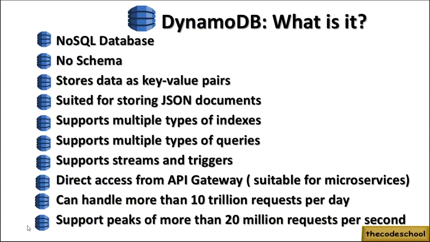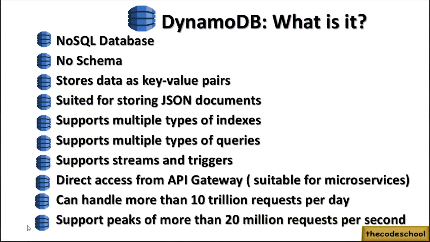DynamoDB is a NoSQL database, which means this is not a relational database. There is no SQL, the structured query language support here. There's no fixed schema followed by DynamoDB. It is basically document based. For data storage, it follows the key value pair internally.